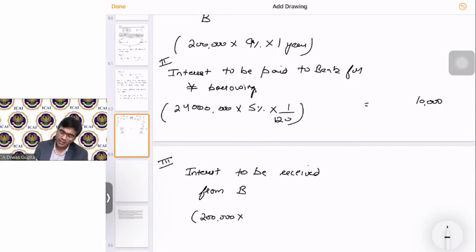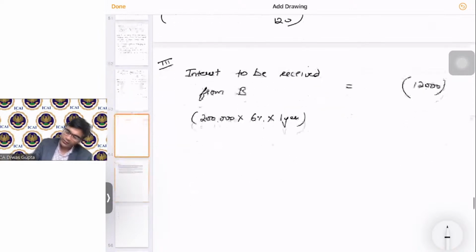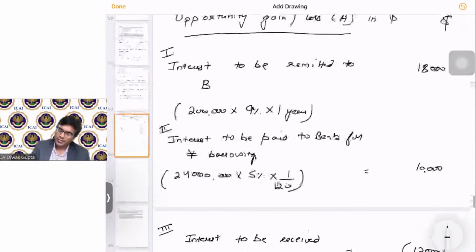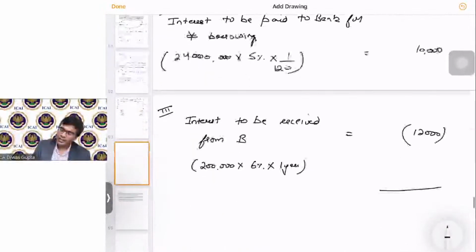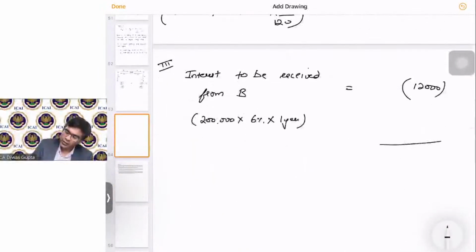On 2 lakh USD, it will receive 6% for 1 year. So this becomes 12,000. So how much it is? 18 plus 10, 28 minus 12, $16,000.